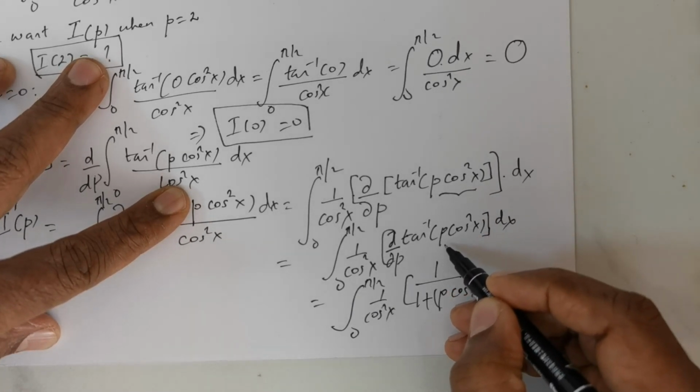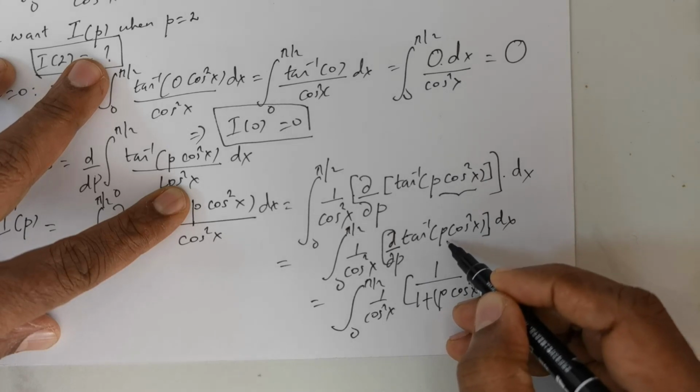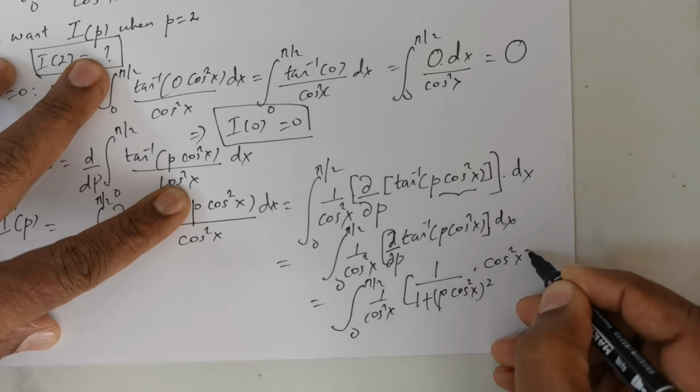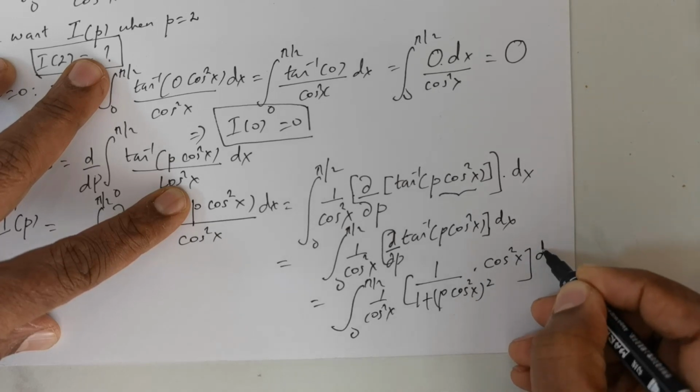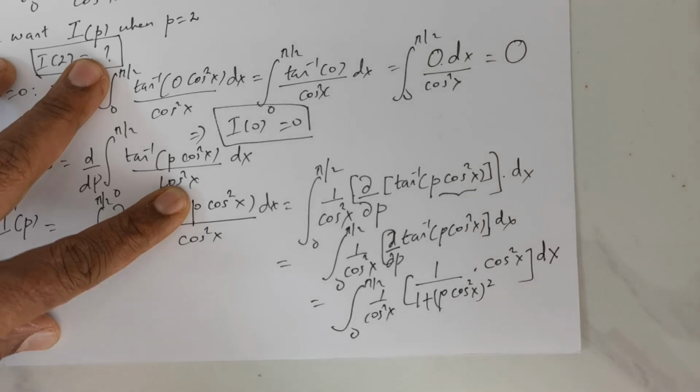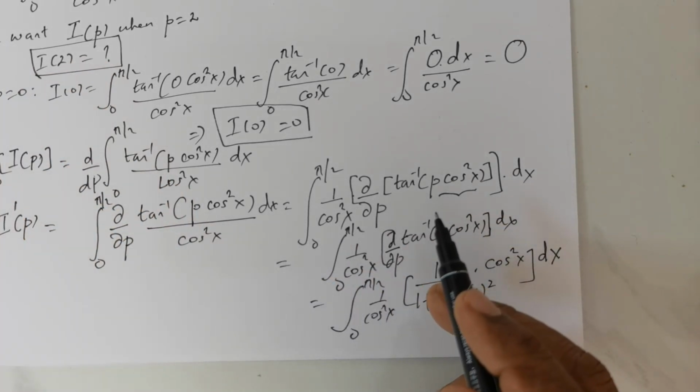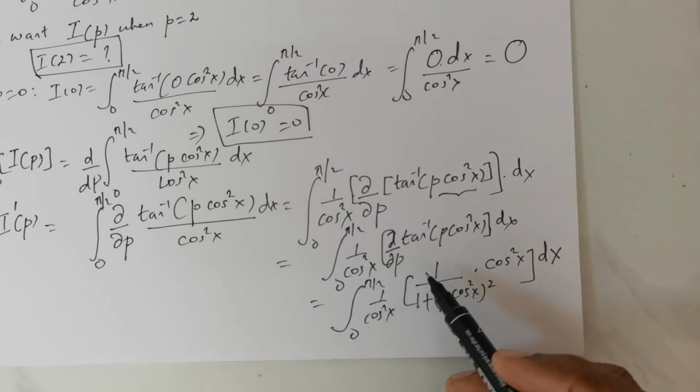The coefficient of p is cos squared x, so just place cos squared x there. That is multiplied with dp. So we need to be careful when we are operating with the partial derivative dou p.